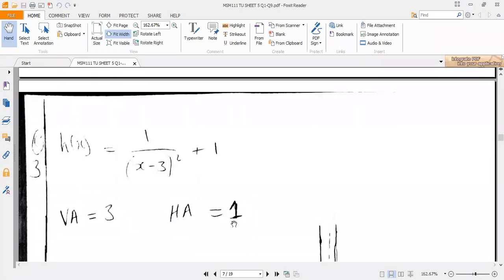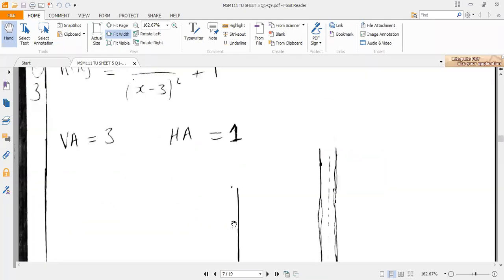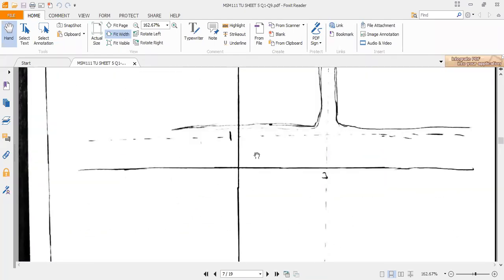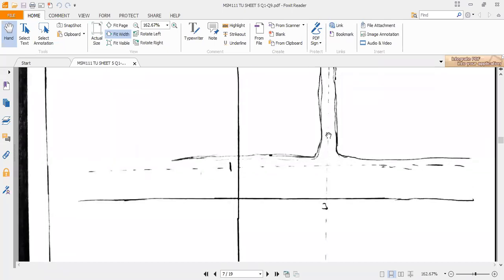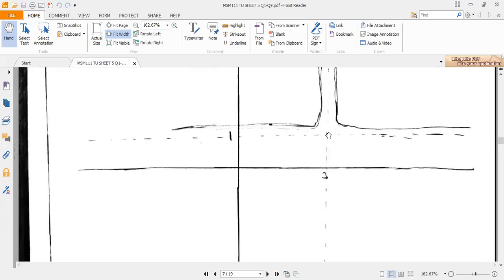So when you look at our graph, our vertical asymptote is 3, so it's this side, and our horizontal asymptote is 1. So we have shifted from the point of origin, and we have a new one here. Now we're trying to graph it.